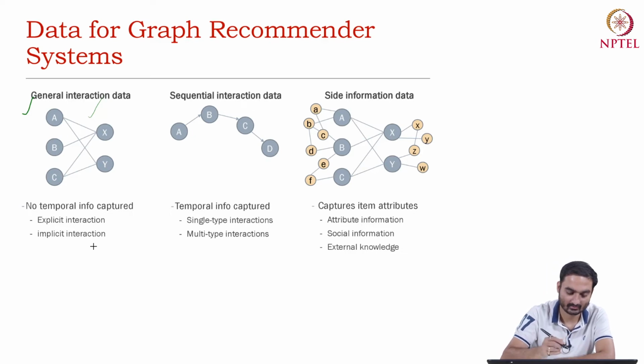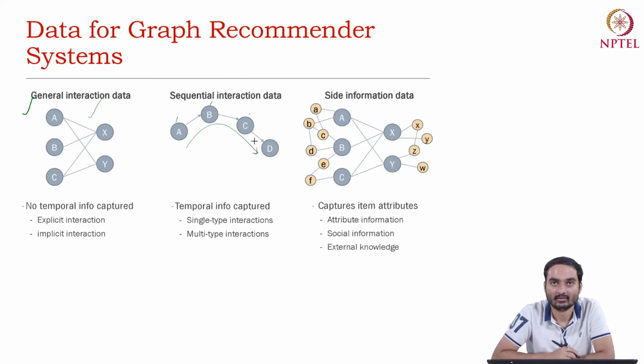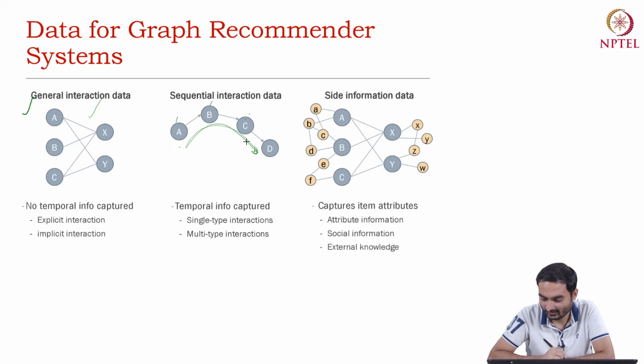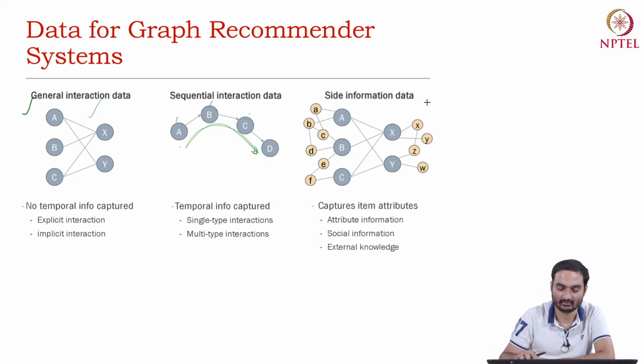For example, for a particular user, if product A has been purchased before B, B has been purchased before C, and so on, then you can think of a sequence like this. Or for a product, if user A has purchased the product first and then B, then C and D, you can think of a sequence like this. In fact, you can also think of a mix of both these things.